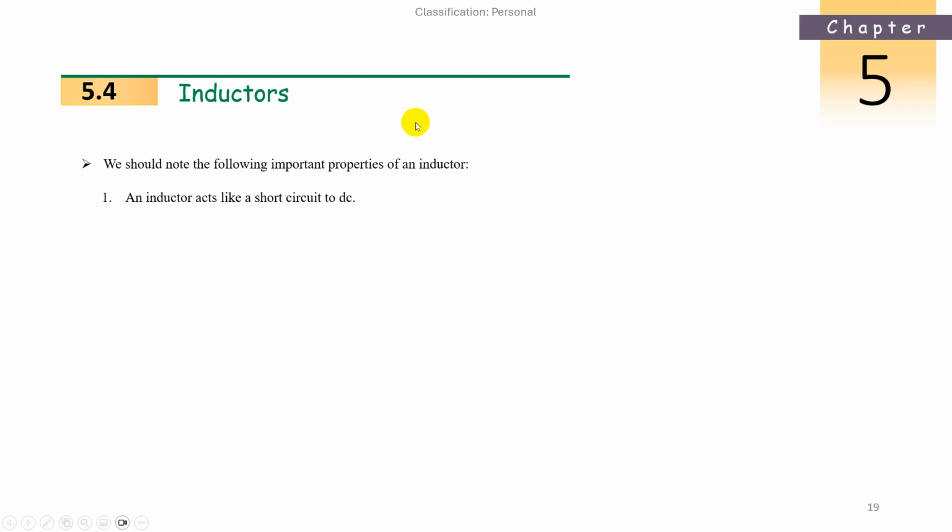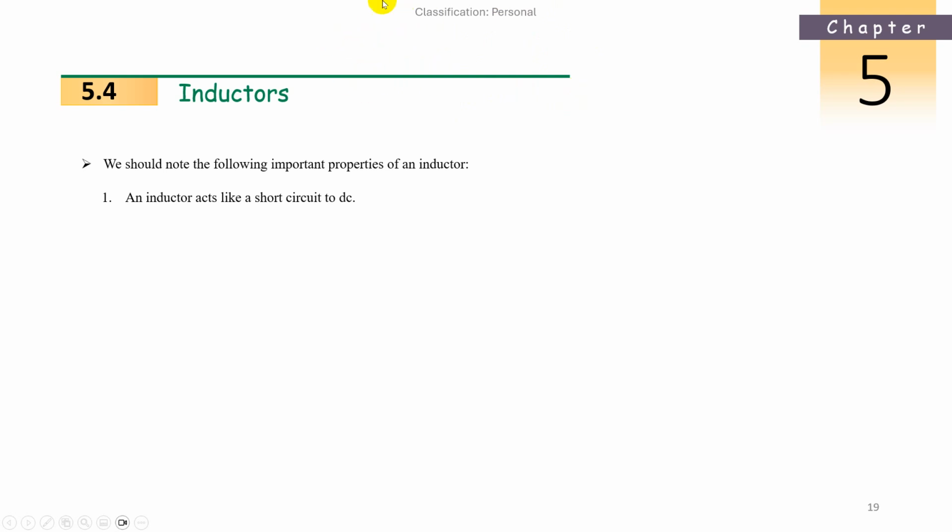Whatever the current is, it will flow directly. It won't stop anything, because the voltage depends on the time rate of change of current. Only when the current is changing can the inductor store energy. But in DC the current is constant, not changing to a maximum or minimum value, so it acts as a short circuit.